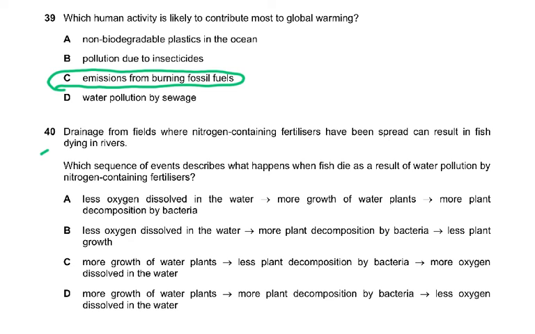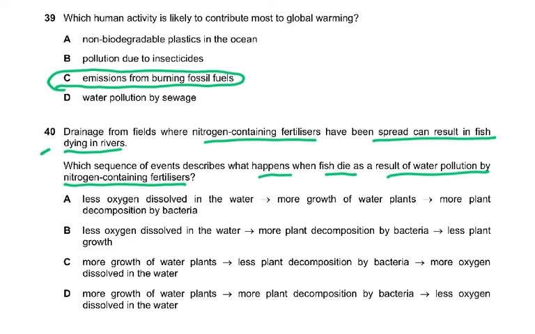Then coming to the last question, question number 40. Drainage from fields where nitrogen-containing fertilizers have been spread can result in fish dying in rivers. Now, this is actually eutrophication. Which sequence of events describes what happens when fish die as a result of water pollution by nitrogen-containing fertilizer? So it's actually more growth of water plants.